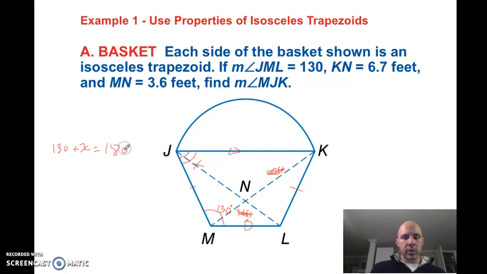So we're going to easily solve for x. Subtract 130 on both sides, and angle MJK is going to equal 50 degrees. Let me know if you have any questions.